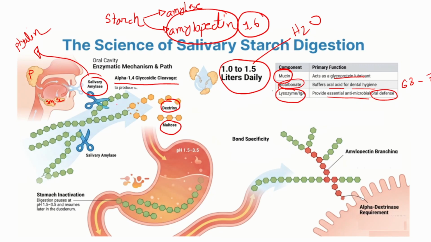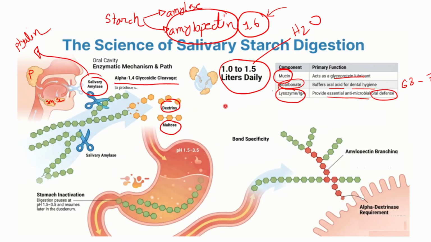That means the amylopectin alpha-1,6 branch points will not be digested or cleaved in the oral cavity or stomach. They will finally get cleaved or digested when they reach the small intestine. Following the path of the bolus past the oral cavity, we observe stomach inactivation.